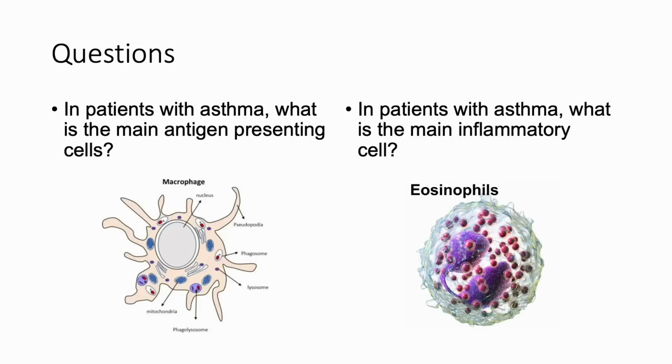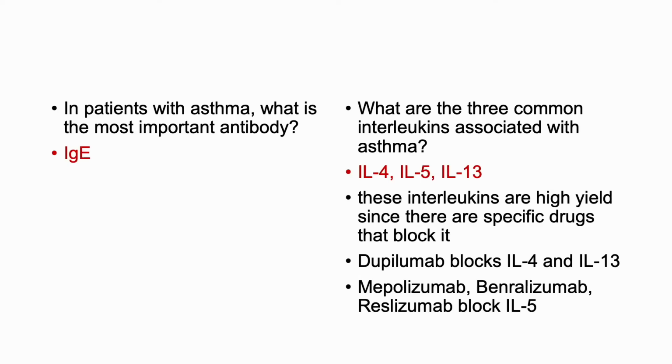In patients with asthma, what are the main antigen-presenting cells? They're macrophages. What do you think is the main inflammatory cell? Eosinophils. What do you think is the most important antibody? It's IgE.